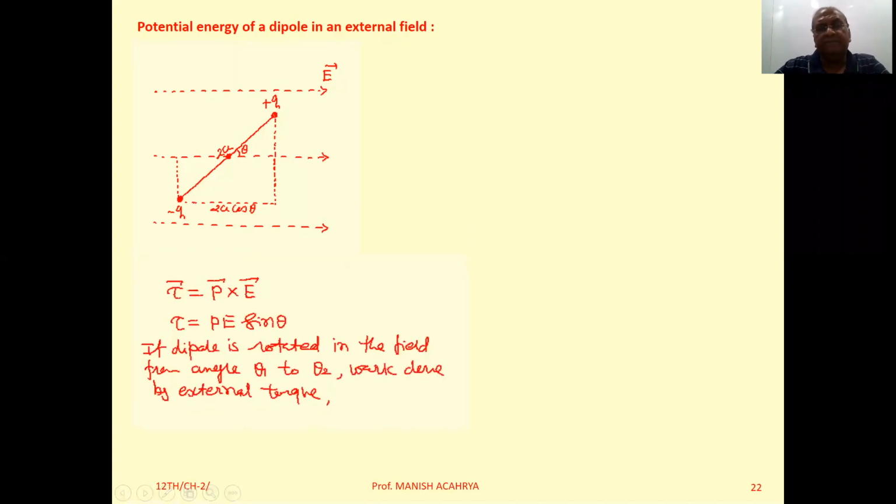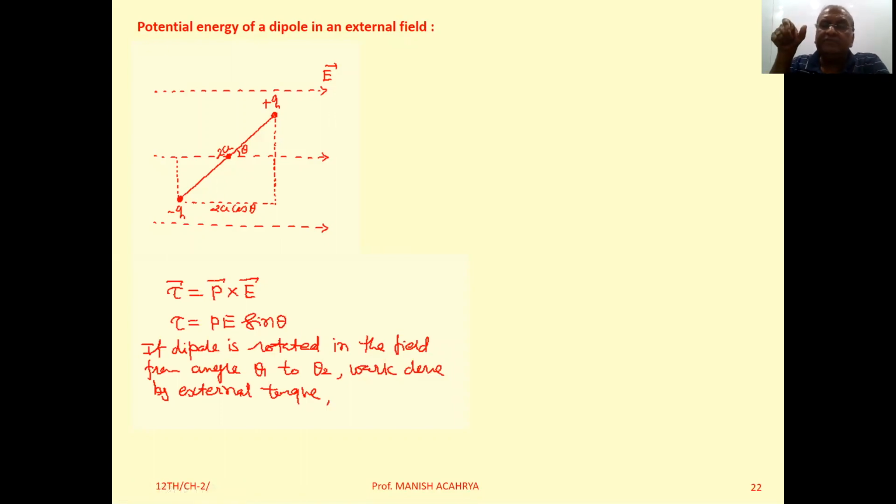So the angle of dipole moment with respect to the electric field is theta. Now in chapter number 1 we studied this thing. When the dipole is placed in electric field E, a torque acts on it, that is P cross E. So we can write the magnitude of the torque as PE sin theta.